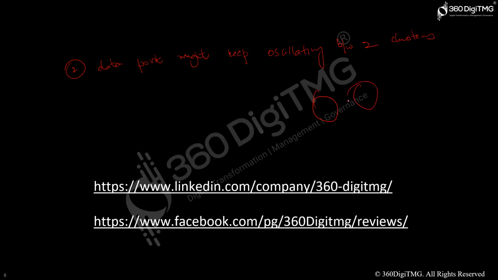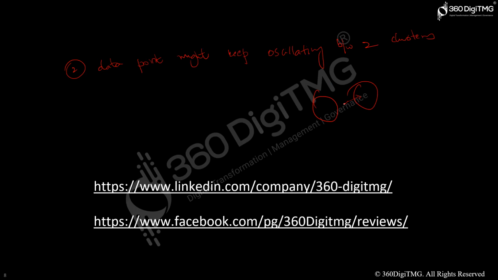And then the second point is that a data point might keep oscillating between two clusters. Suppose there are two near clusters and the point is in the middle of them.